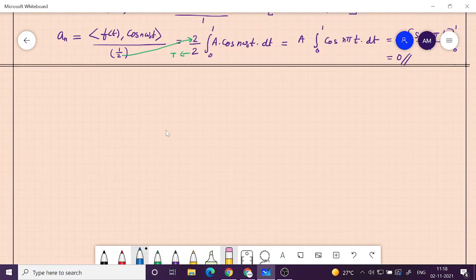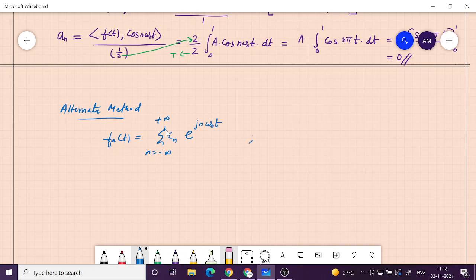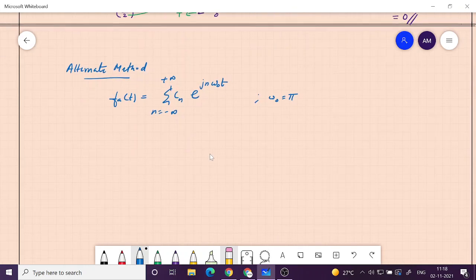Okay. So for finding part 2, alternate method, we have the approximate function equal to the sum of Cn, where n goes from minus infinity to plus infinity, e raised to jn omega 0 t, where omega 0 is pi. Cn is found by the formula that we derived.